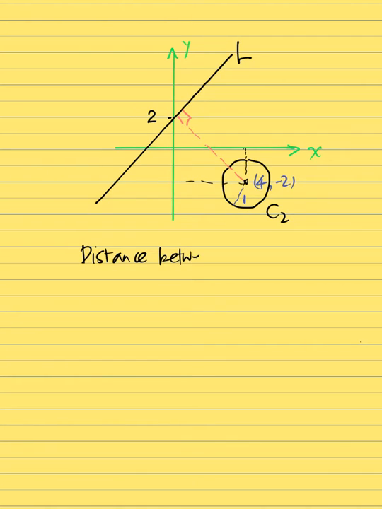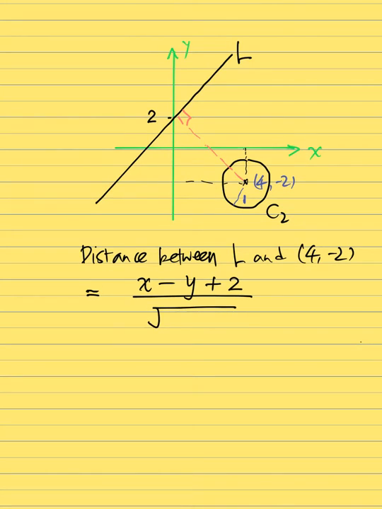Distance between L and (4, negative 2) equals the numerator, which is the left-hand side of the equation of L, x minus y plus 2, and the denominator is the square root of 1 squared plus negative 1 squared. x is replaced by the x coordinate of the center, and y is replaced by the y coordinate of the center.